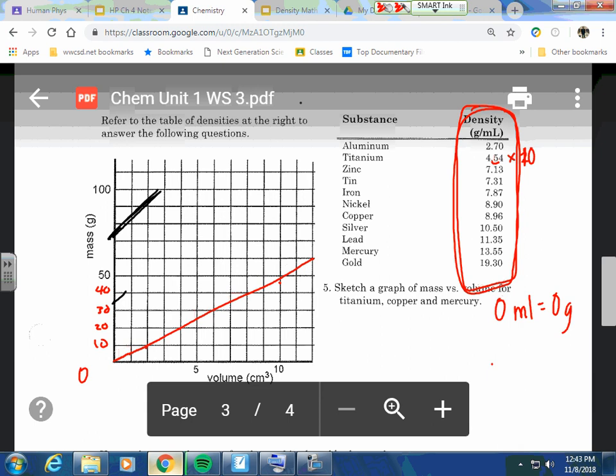All right, let's do copper. Let's make it green. Copper is 8.96. So at the first mark, I'm going to mark it at about 9. Second mark, about 18. If I multiplied by 3, it'd be somewhere around 27. I just rounded it off to 9. This doesn't have to be exact.